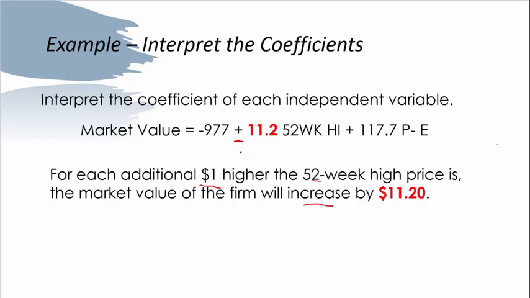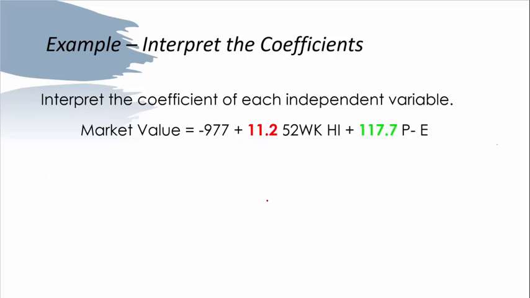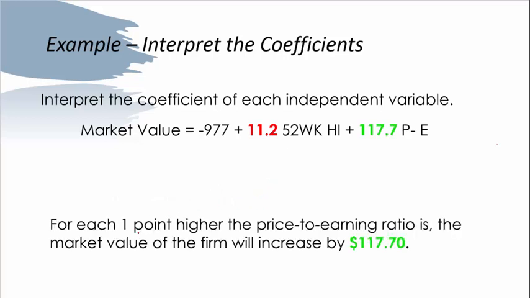If I had a negative sign, I would say when x goes up by 1, y goes down by whatever that value is. And now for the P/E, what does that 117.7 tell us? For each 1 point higher the price to earnings ratio, the market value of the firm will increase by 117.7. You may have figured that out already given our interpretation for the 11.2.